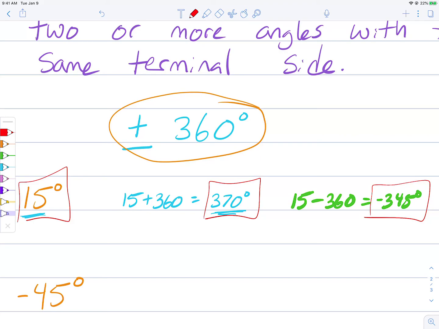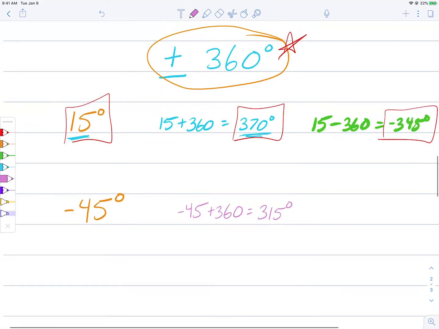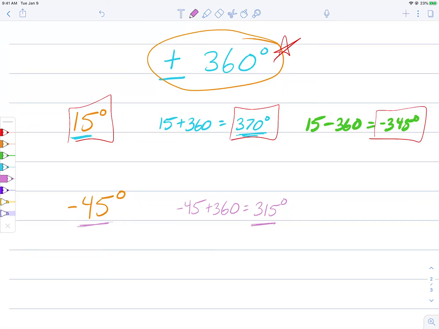So the way to determine if angles are coterminal is to see if they are plus or minus 360 degrees away from each other. Let's try another one. Let's just say I started off with negative 45 degrees. Well, if I went counterclockwise 360 degrees, negative 45 plus 360 would get me to 315 degrees. So those end up at the exact same spot.